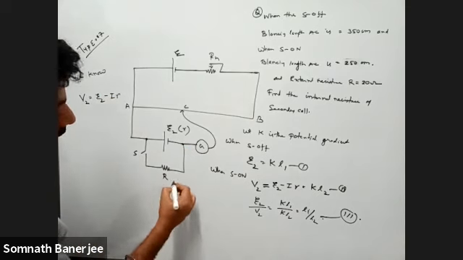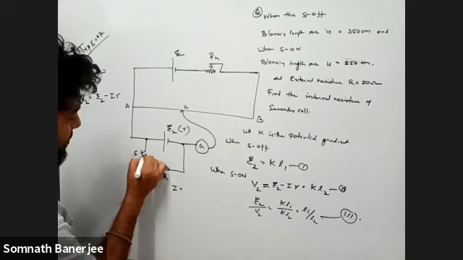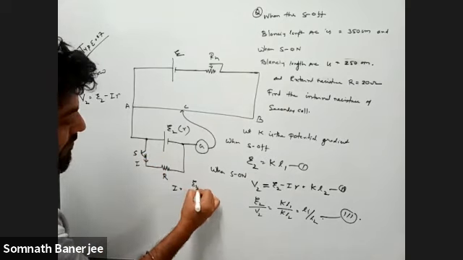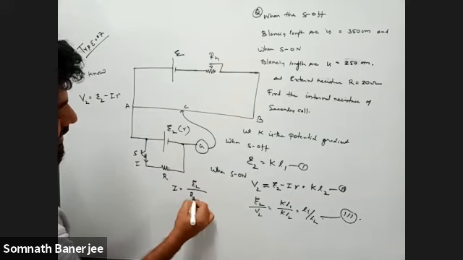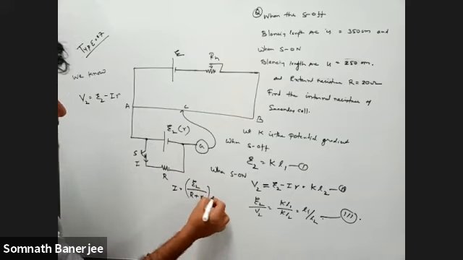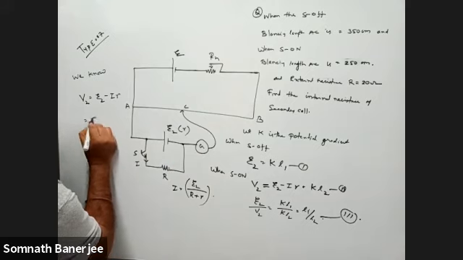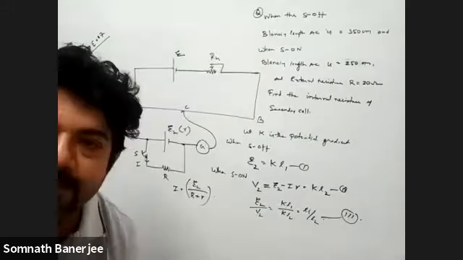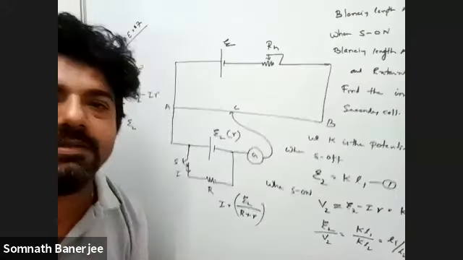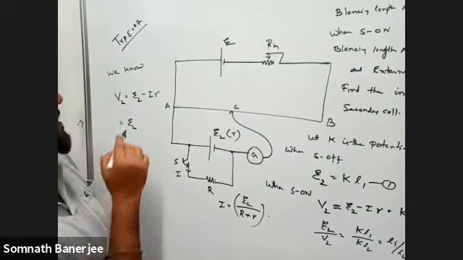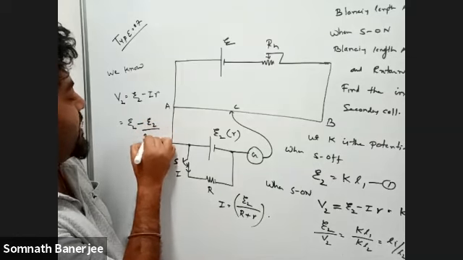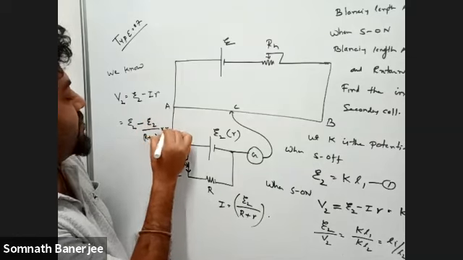We also know that when the switch is on, I equals the EMF of the secondary cell divided by external resistance plus internal resistance. So if we put it here, V2 equals E2 minus E2 into R by (R plus small r).